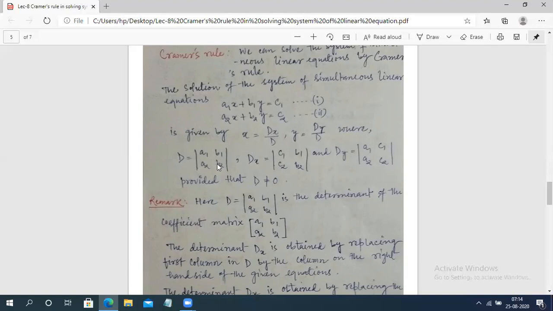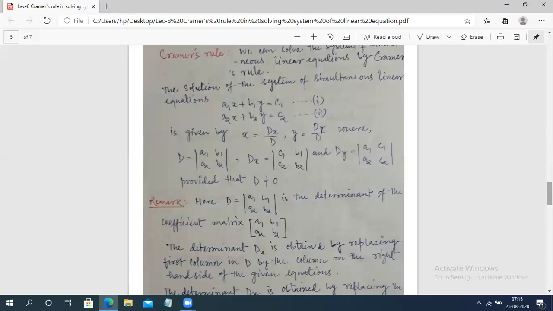Then find the value of dx, by changing the coefficients of x to the constant terms in the given equations, that is c1, c2. Similarly, find the value of dy, which we get after changing the coefficients of y to the constant terms on the right hand side, that is c1, c2.